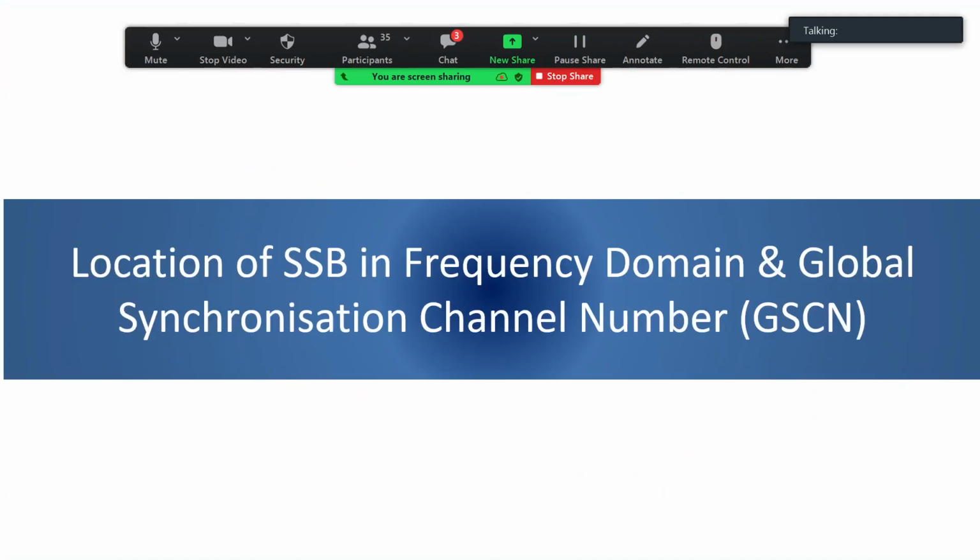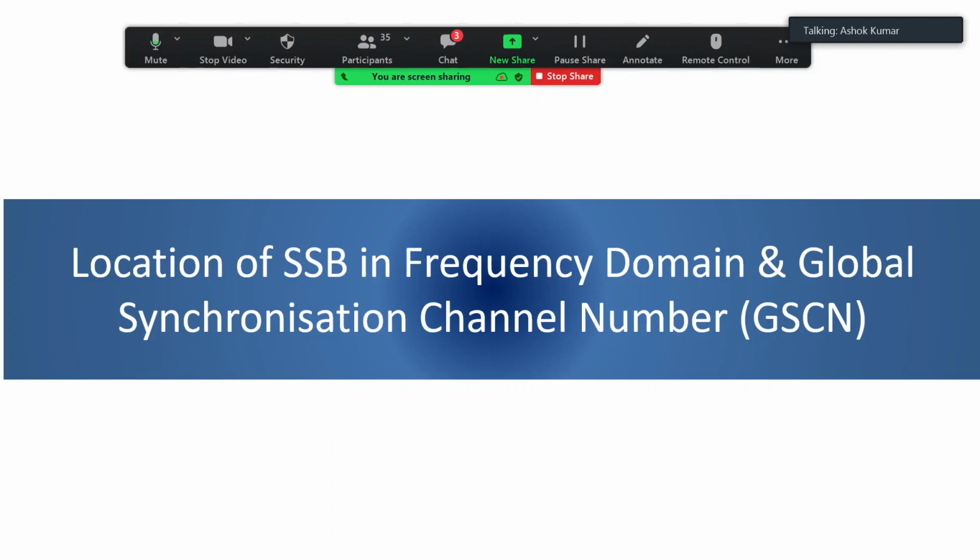Okay, so now the most important question is, what is the location of the SSB in the frequency domain? When your device is switching on, it does not know at what frequency the tower is transmitting. So how to search?